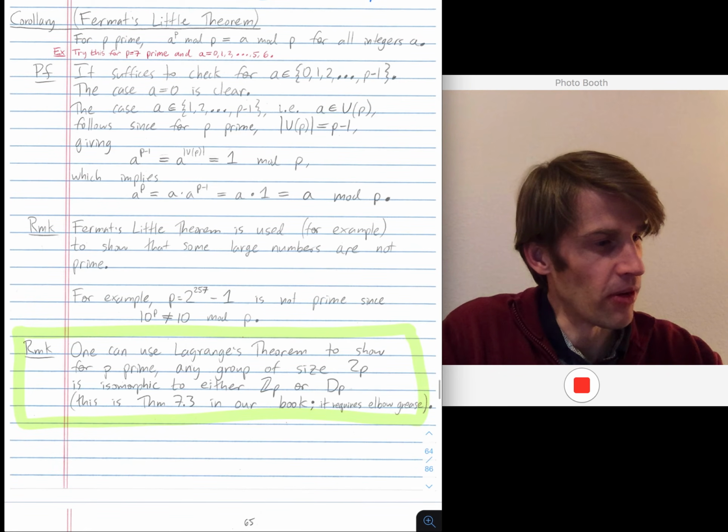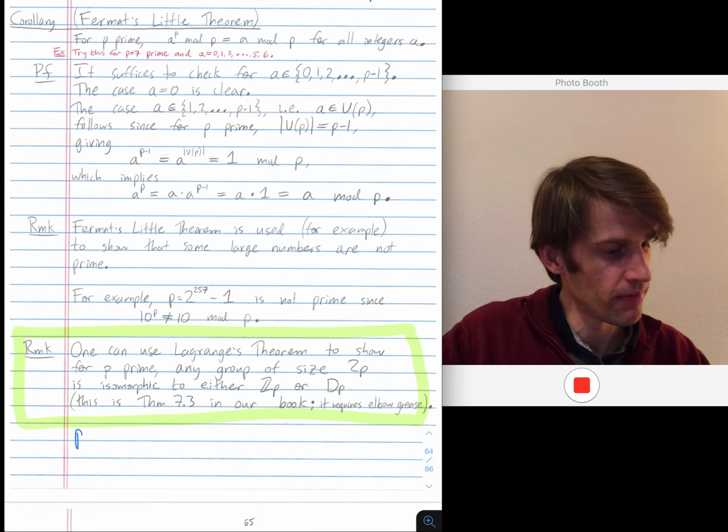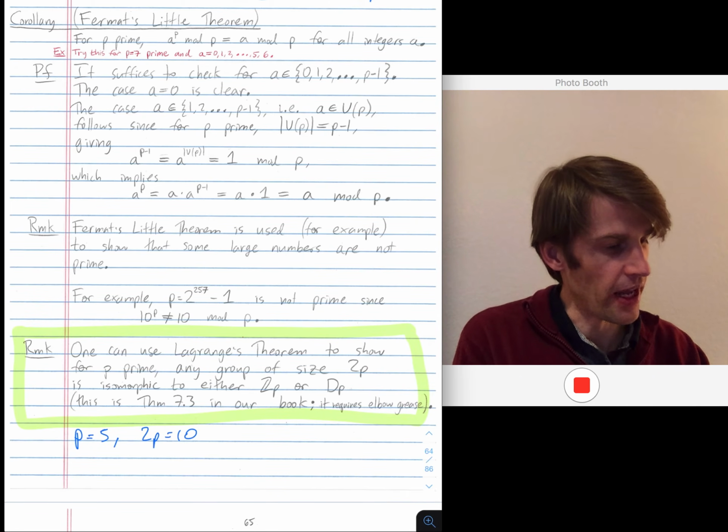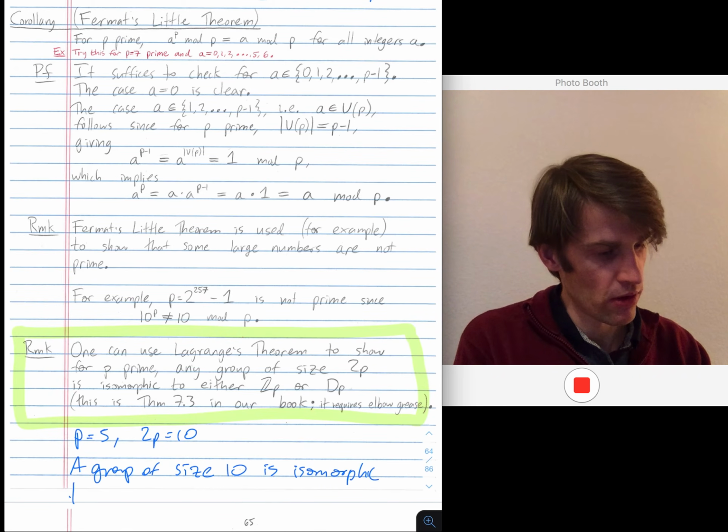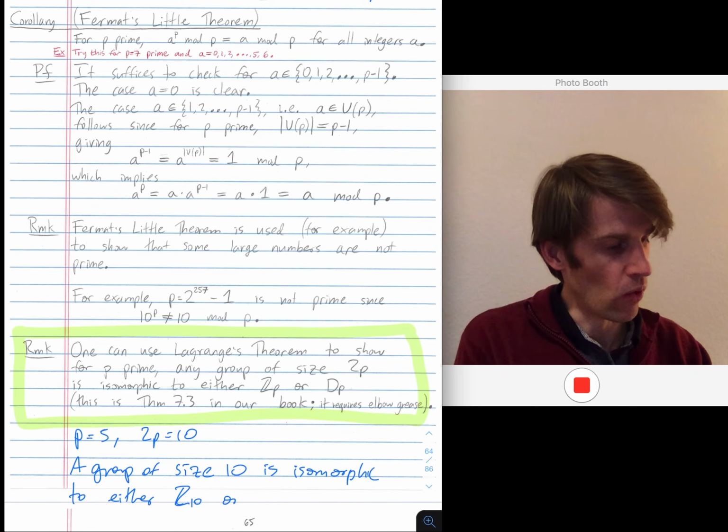So, for example, let's talk about p equals 5. So 2p is equal to 10. What this is saying is that a group of size 10 is isomorphic to either Z mod 10 or D5.